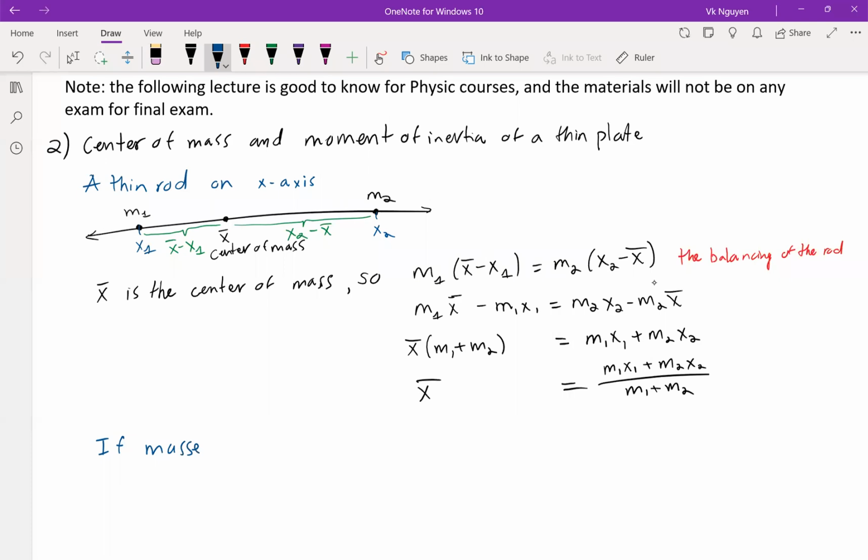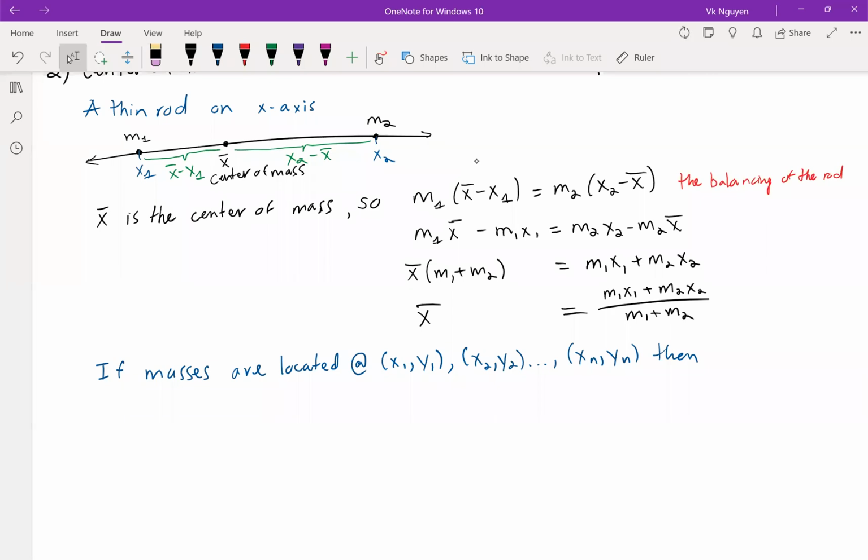If masses are located at X1, Y1, right? X2, Y2, and so on, up to Xn, Yn, then we're going to have the summation of everything here over the summation of the masses.